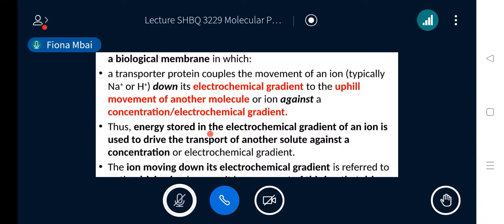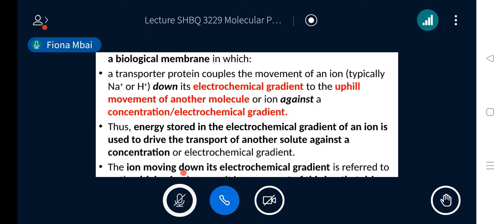So energy stored in the electrochemical gradient of an ion is used to drive the transport of another solute against its concentration gradient or electrochemical gradient, which I just showed you in the previous slide.